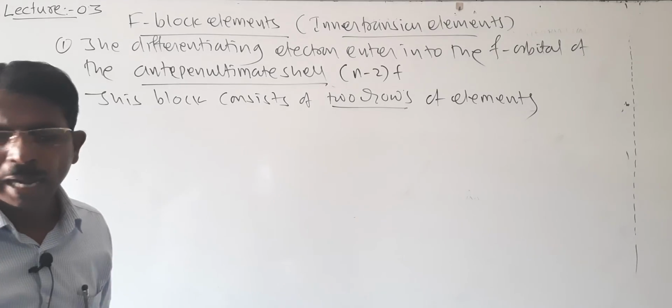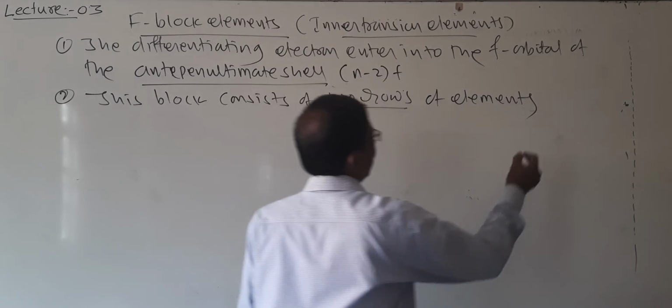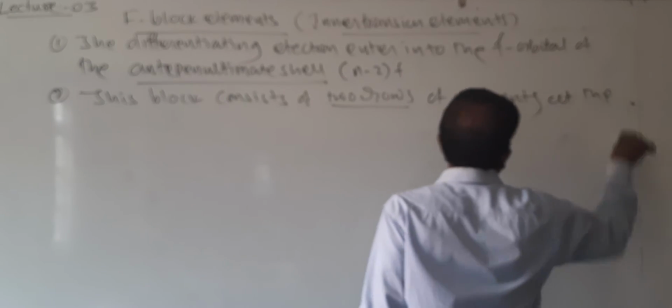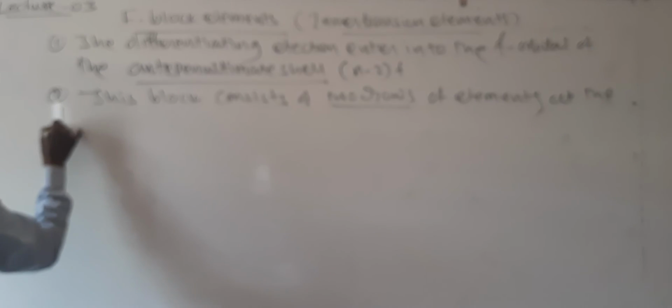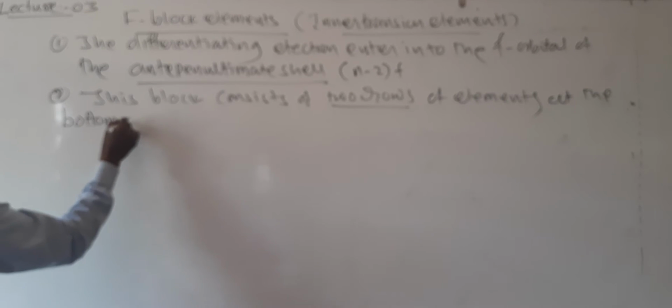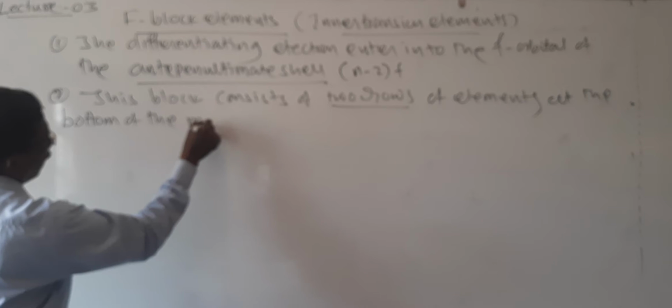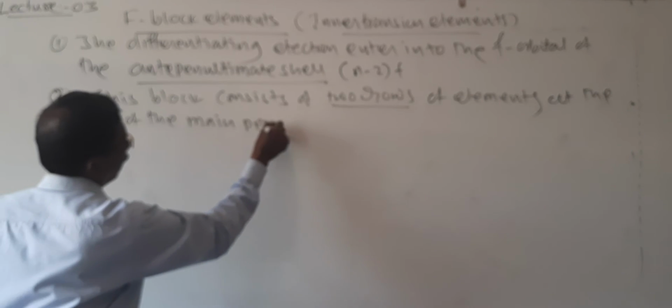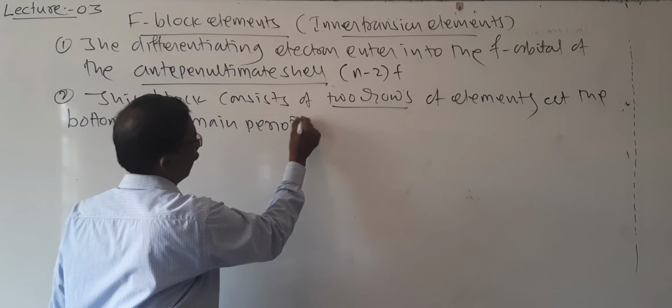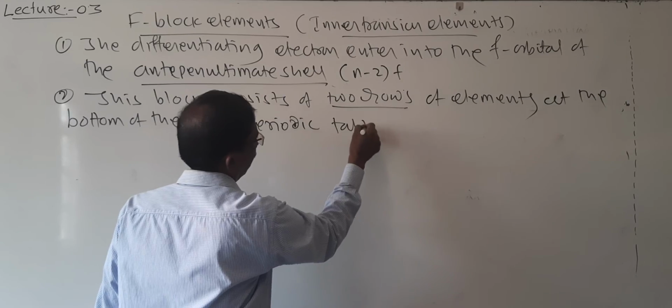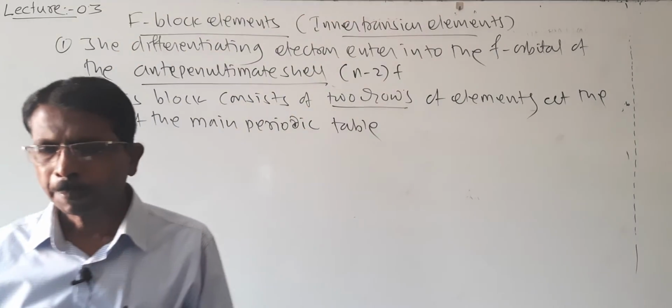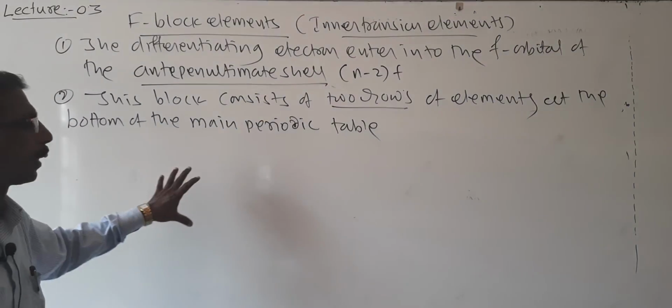Two rows of the elements at the bottom of the main periodic table.